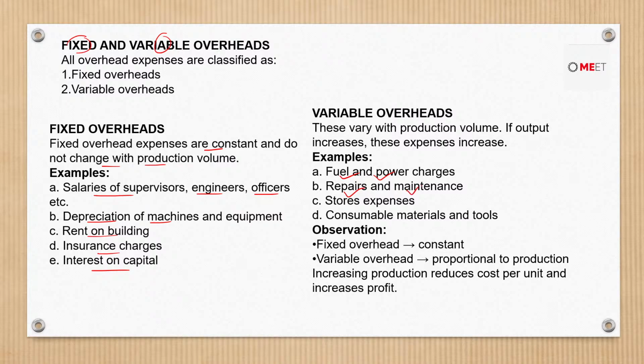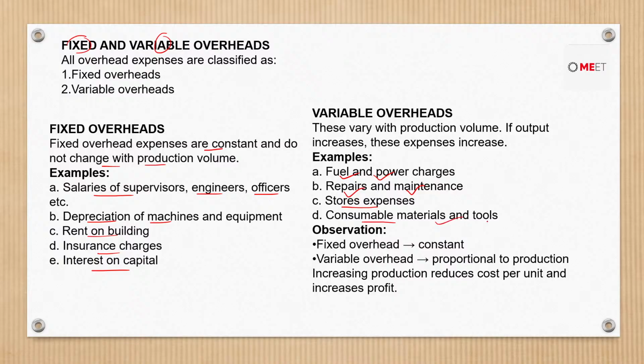Repair and maintenance. Due to prolonged operation of machines, definitely the machines would be requiring intense repairs as well as a maintenance schedule. Next is storage expenses, and next is consumable materials and tools.